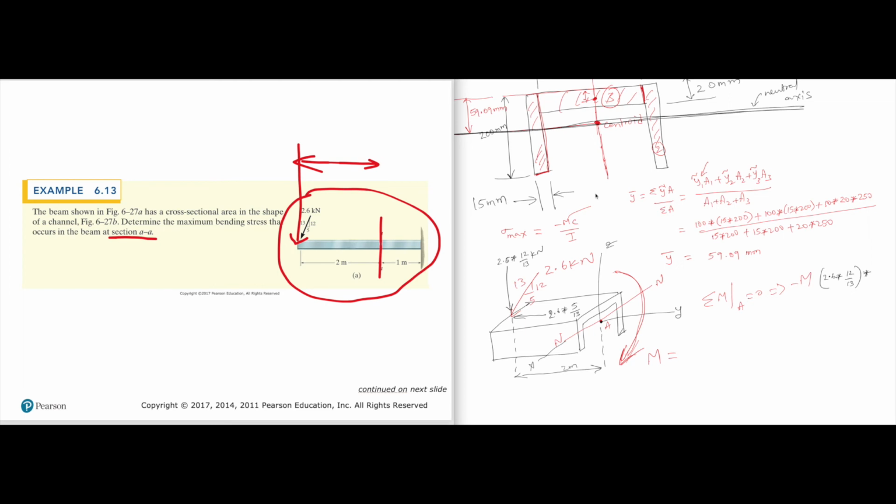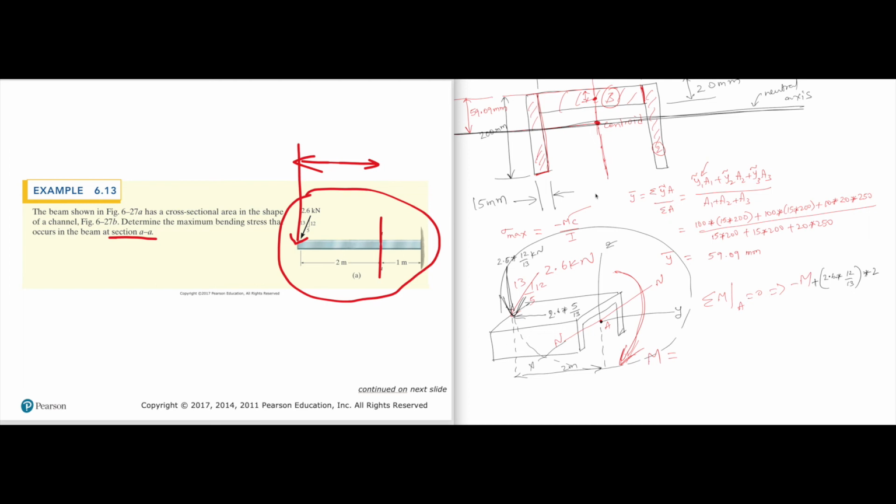That means, don't we have this to be times 2? And is it clockwise or counterclockwise? With respect to A, it is counterclockwise because it rotates like this with respect to A, the 2.6 kilonewton force. That means I'm going to write it to be positive.